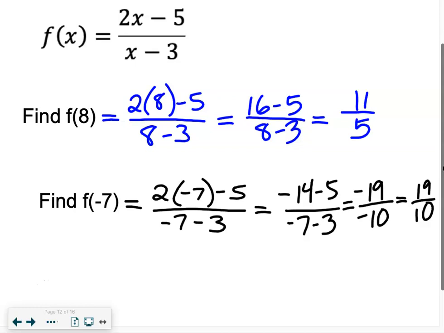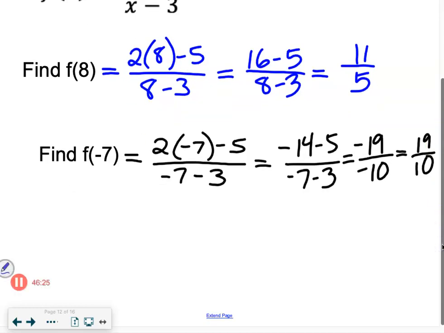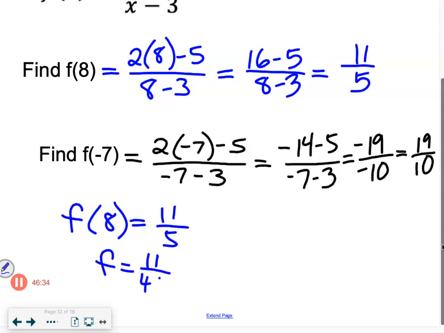Now, I want to make sure you understand something. The question came up in third period, and I hadn't thought of it, and I was so glad the student asked it, because I want to make sure we're really golden crystal clear on something. When I have f of 8 equals this, I had a student who did all of that perfectly, had f of 8 equals 11 fifths, and then divided by 8 and said that f was 11 40ths.